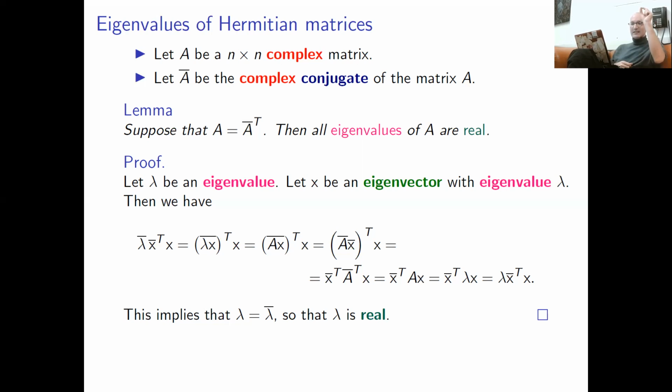If your vector x has coordinates x1, x2, x3 up to xn, then x bar is the vector x1 bar, x2 bar, up to xn bar. So basically the complex conjugate of the entries of vector x. But then when you transpose it and you multiply, what you get as a product is a sum of x1 times x1 bar plus x2 times x2 bar, and so on, up to xn times xn bar.